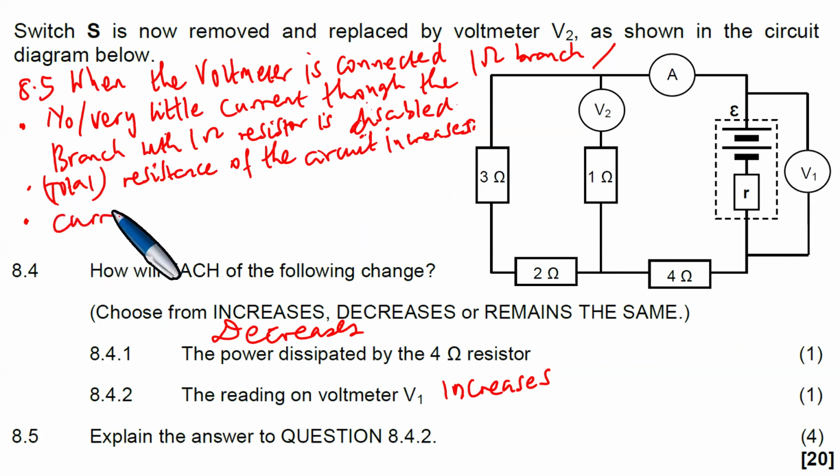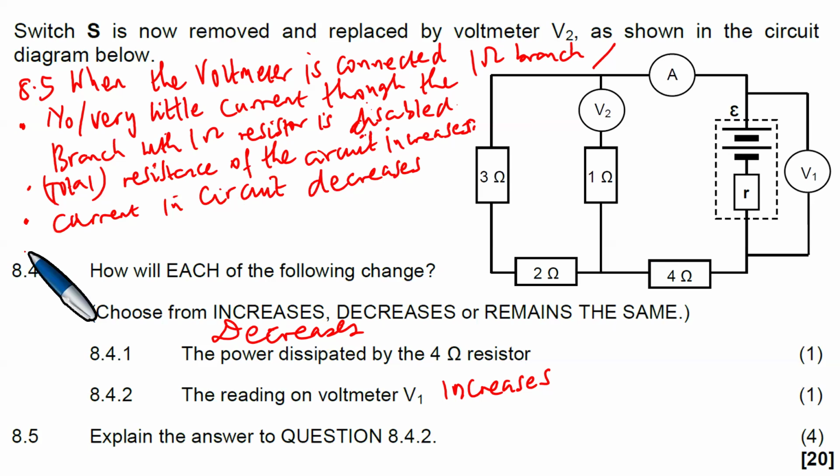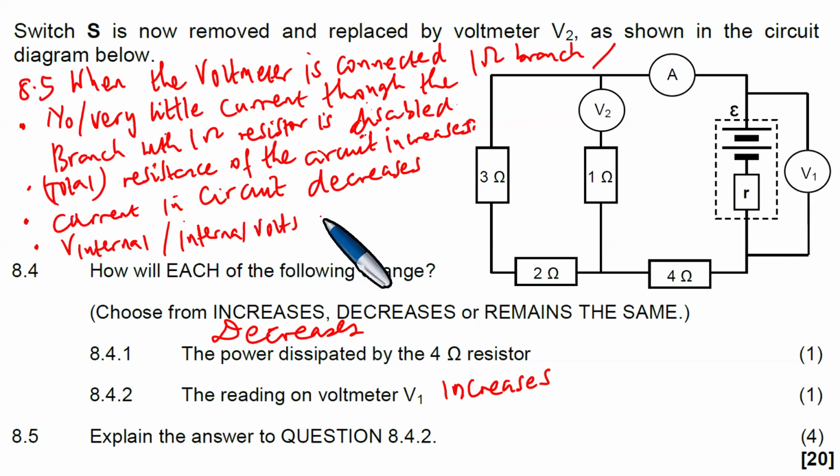The current in the circuit decreases. As we've already said that, which means that V internal, or what you call the internal volts, which means that V lost decreases.